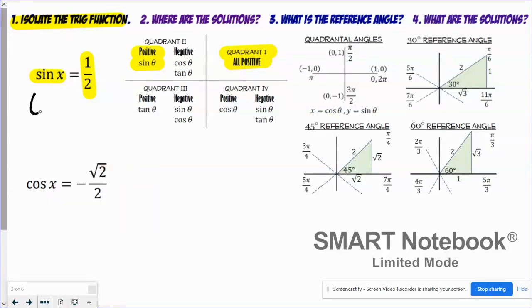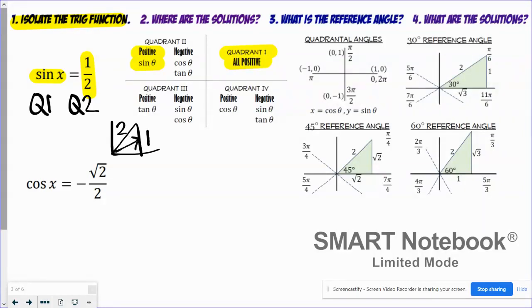Okay, so I know I'm going to be looking in quadrant 1. I know I'm going to be looking in quadrant 2. So then I need to draw my reference triangle. Now, I can keep it simple and keep it a quadrant 1 triangle. Okay, so here in quadrant 1, I know that sine is the opposite over the hypotenuse. Look for that reference angle.